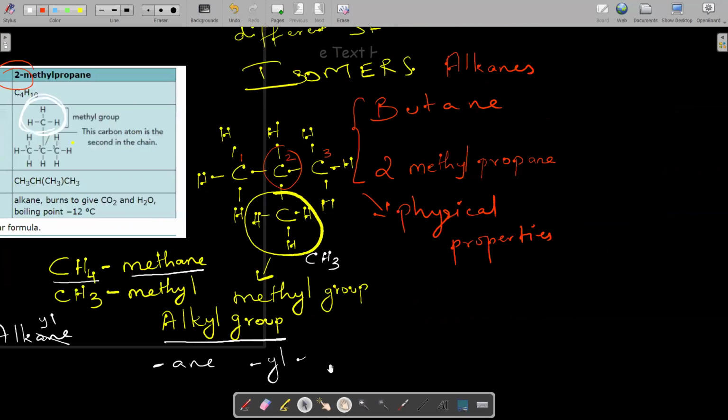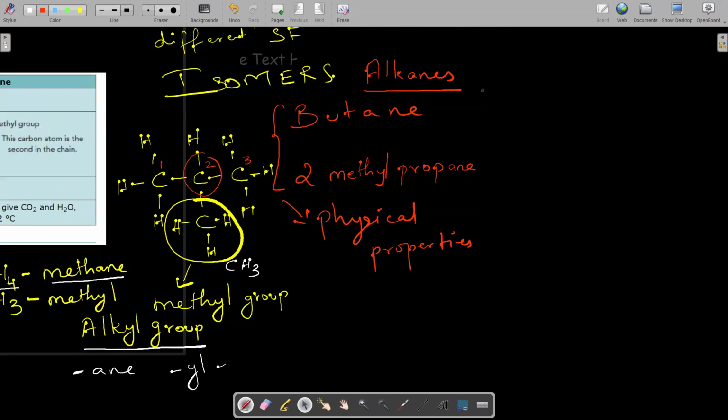So if you see this example of butane and 2-methyl propane, they belong to the same homologous series, alkanes. So from this, what can we derive? We can derive that the homologous series have the same functional group.